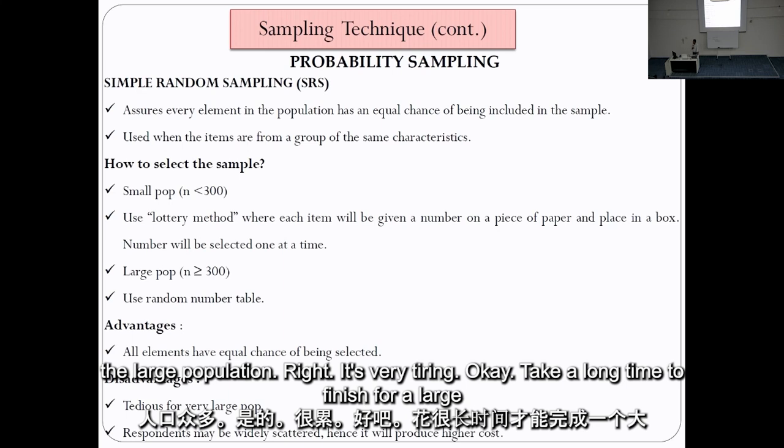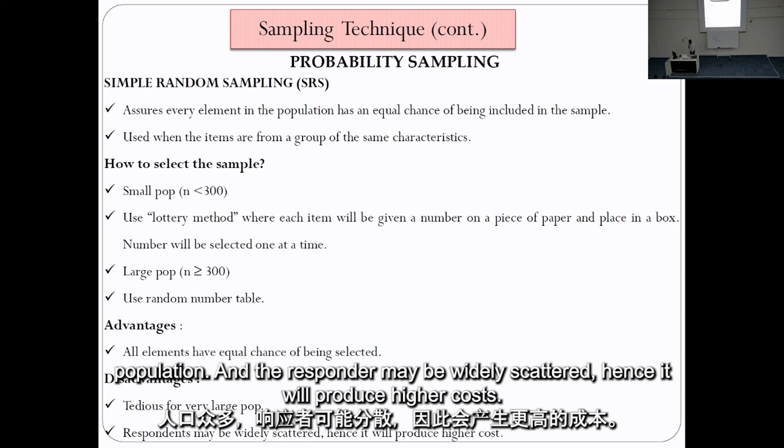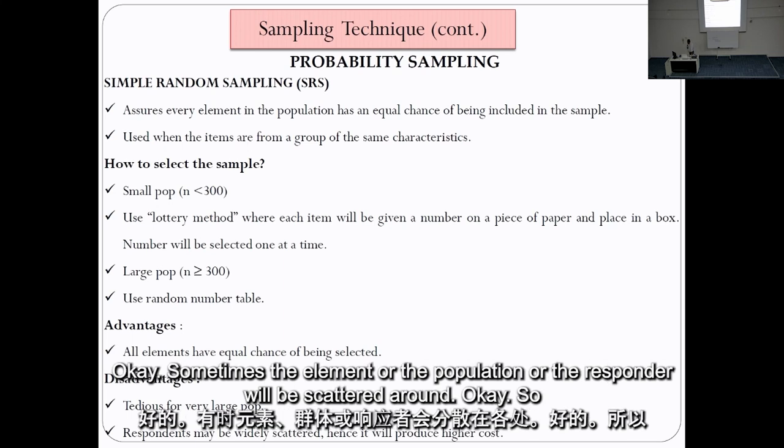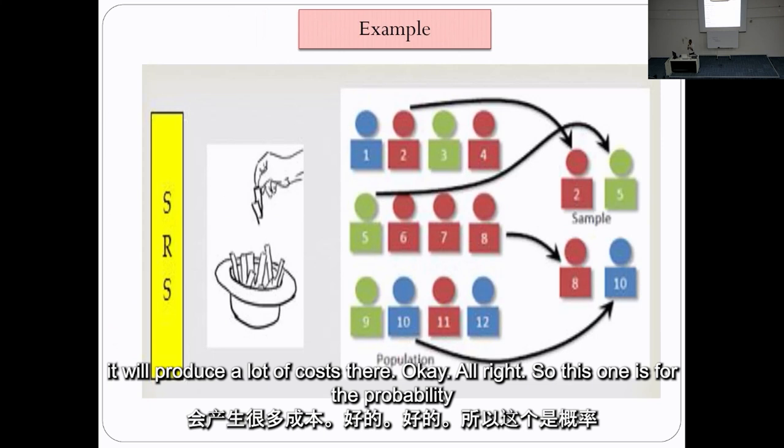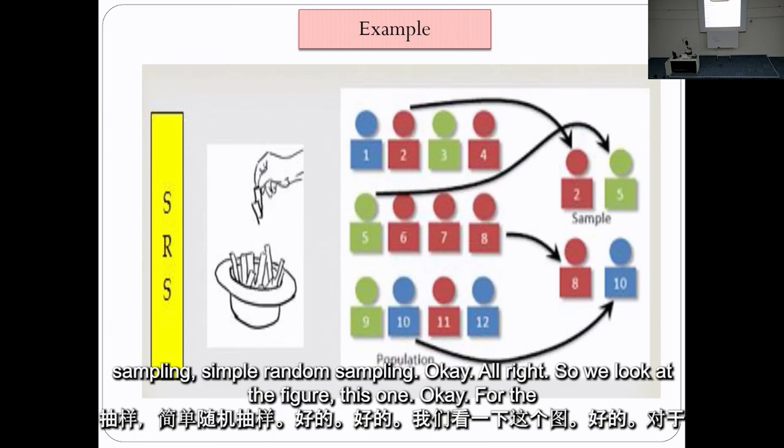The respondents may also be widely scattered, hence it will produce higher costs. So this is probability sampling, simple random sampling.